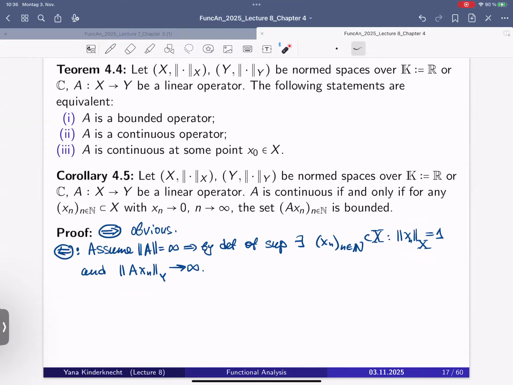So if we have this, then we consider another sequence which is just xn over the square root of the norm of A of xn in Y. Okay, so this is a bounded sequence, and this guy tends to infinity.